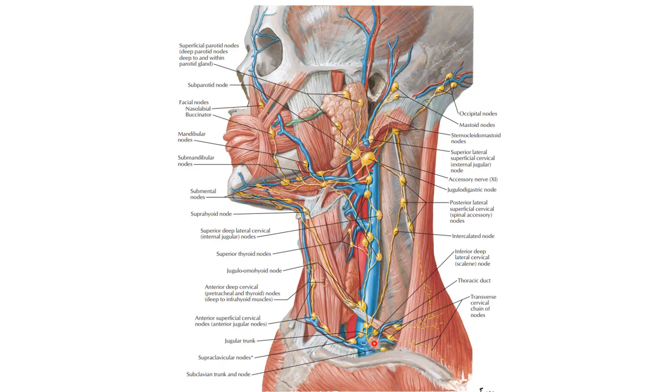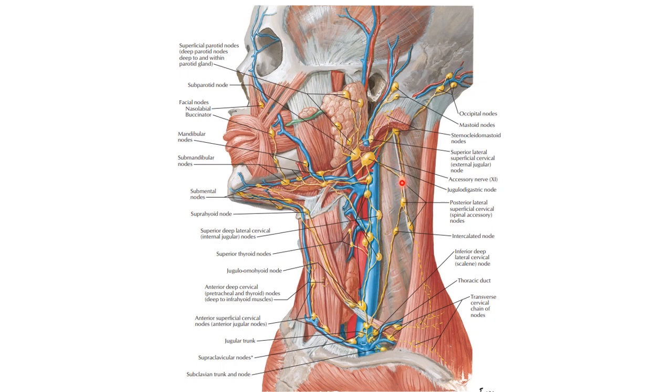So the superficial nodes are found in close association with the external jugular vein, whereas the deep nodes are found in close association with the internal jugular vein. And you will see right here that this group of lymph nodes, the posterior lateral superficial cervical nodes, are found around the accessory node.